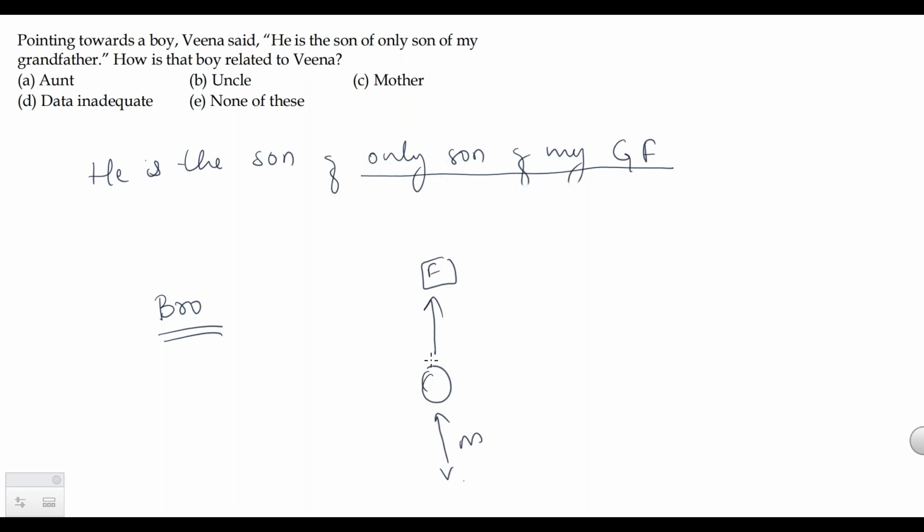Now Veena's mother's father has a son, has only one son. Andre who is that? Veena's mother's father has a son.